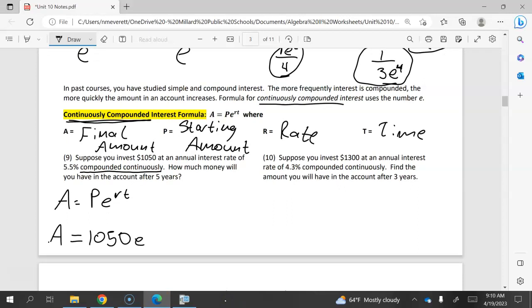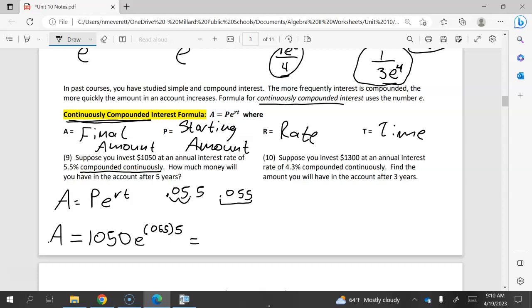E stays e because that's a constant number. And then raise that to the R times T. Now remember, take that 5.5 and move that decimal place over 2 times. That's 0.055. So e to the 0.055 power times, and in that power, we're also going to put the time, which is 5 years.